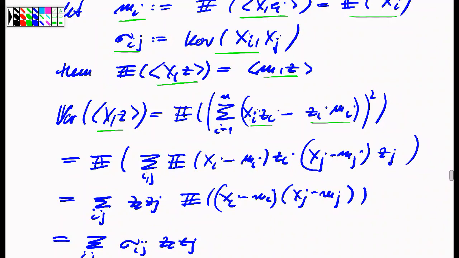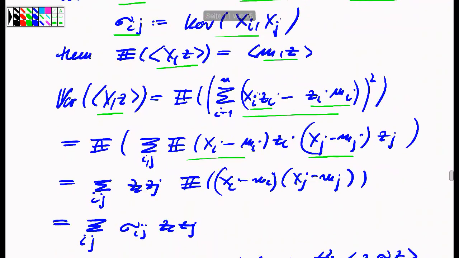These inner products are just sums over the different coordinates, so I can write this in one sum and take the square of this sum. Expanding this square of a sum produces a double sum in two indices, i and j, where the only random element here is the x, but I can factor out the zi and zj.